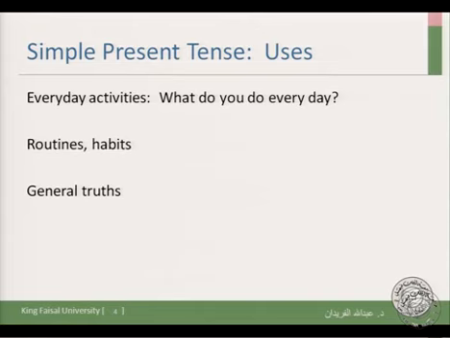When it comes to he, she, it, we should add an S to the verb. This is a signal that this verb is in the simple present. For example, we say, he prays in the mosque. We do not say, he pray in the mosque. This is wrong. He prays in the mosque. She prays in the mosque.